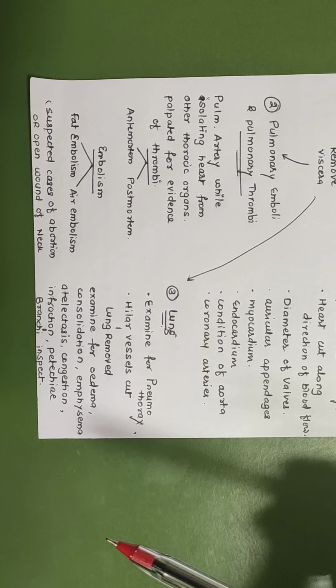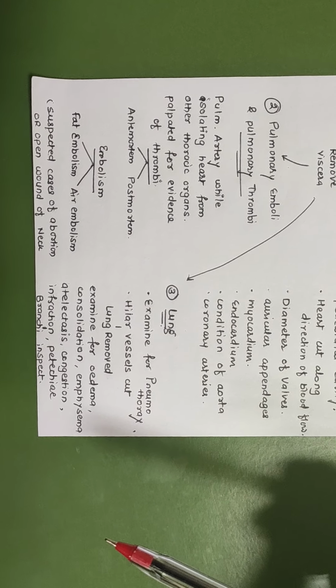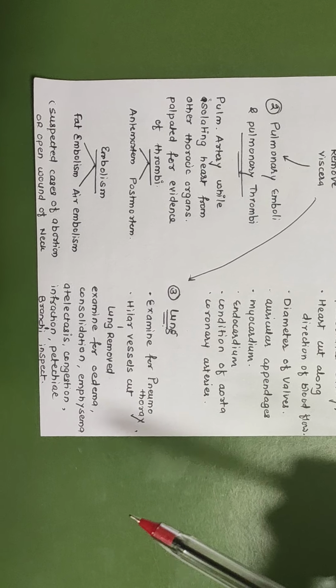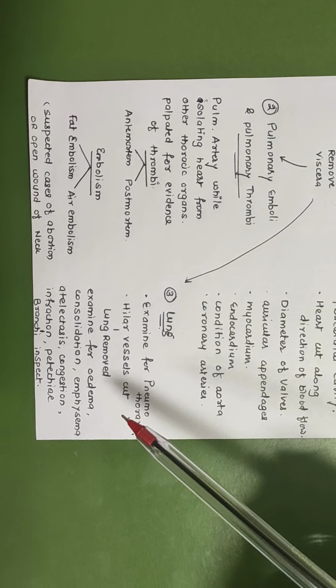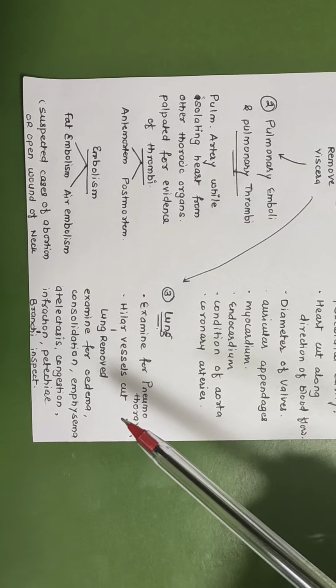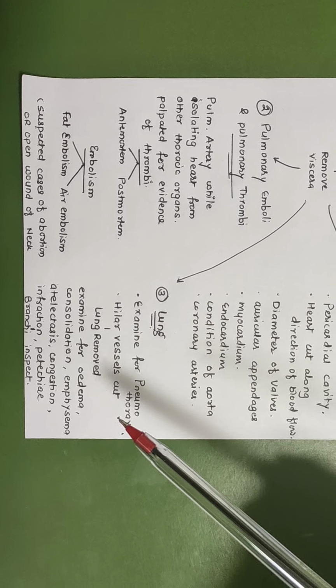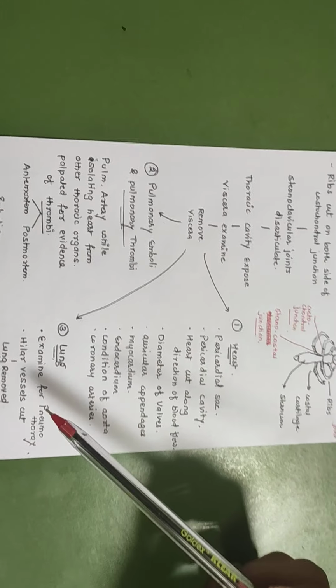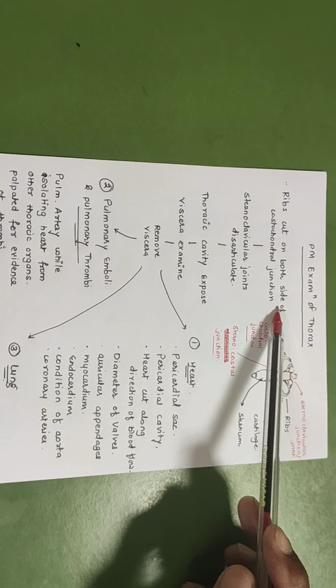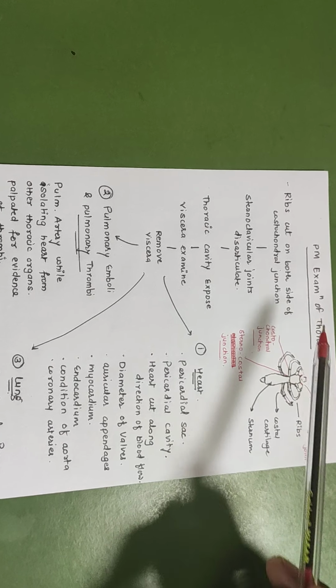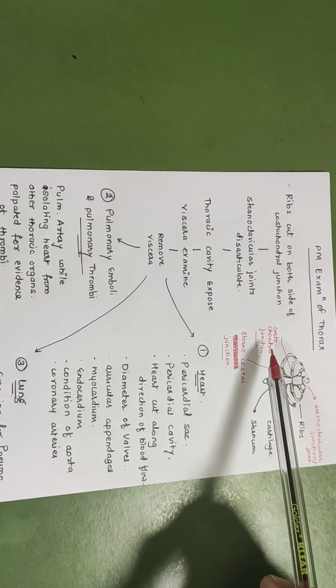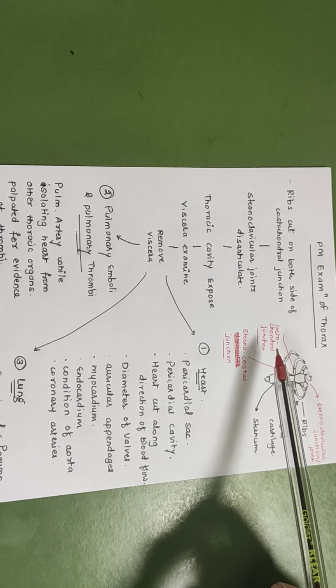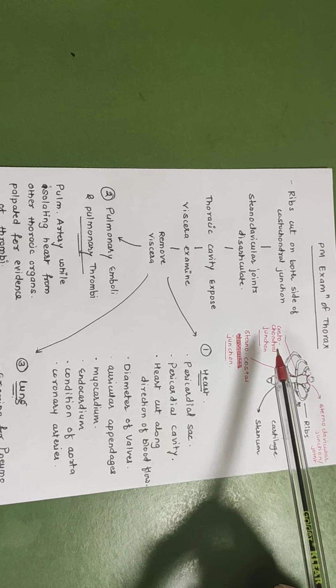Smaller pulmonary vessels are inspected for any thrombi and emboli. In such a way, we have done our PM examination of the thorax. In the next lecture we will study viscera preservation. Thank you students.